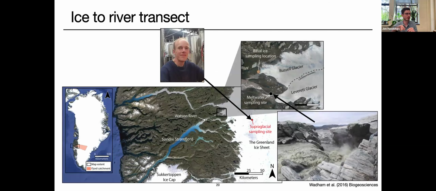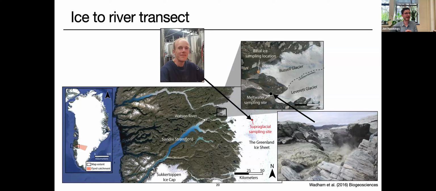So this is a little story of a publication we put out there in 2016. Primary author was Gemma Wadham on this one, of some work that we did looking at surface to proglacial connections in terms of the nitrogen cycle. So roughly what we did here is we had a supraglacial sampling site.